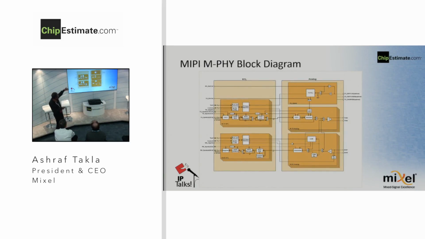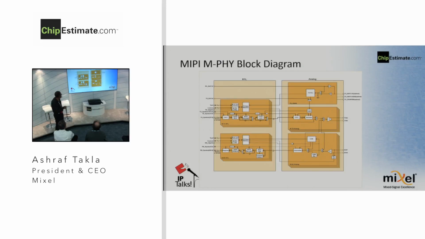This is the MPHY. The MPHY has been around for quite a while. It's a classical CDR type of PHY. Currently, high-speed gear 3 is running at 6 gig. Next generation is high-speed gear 4, which is running at 12 gig. You have the transmitter PLL, you have the high-speed transmitter, which also works in lower speed modes.